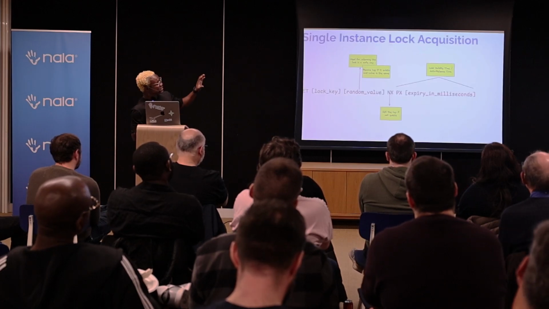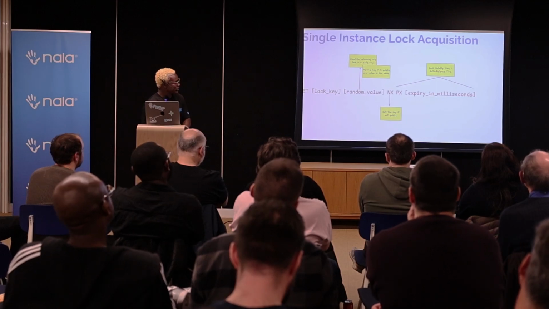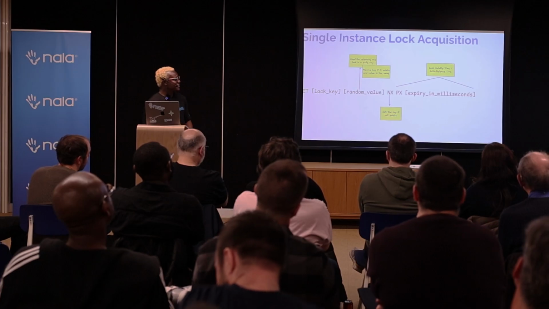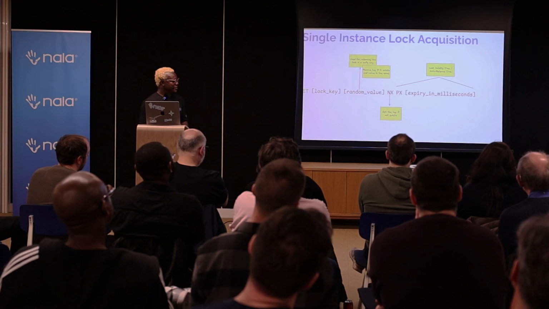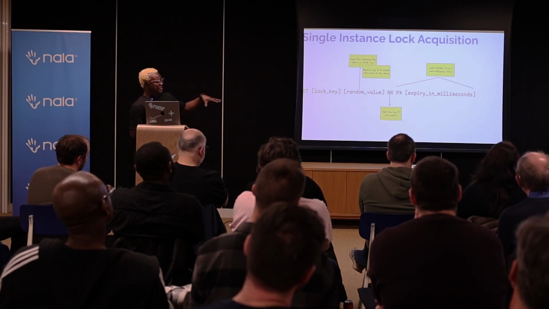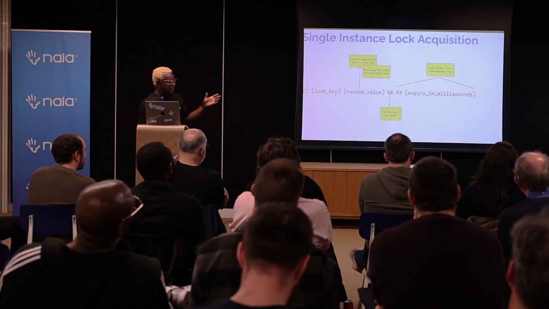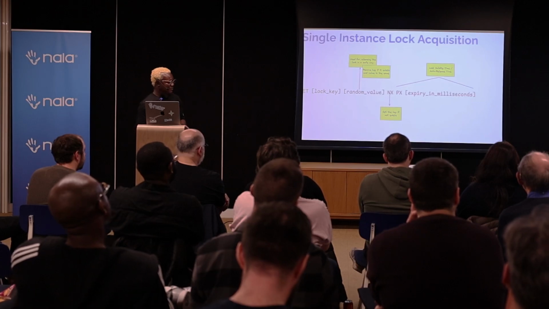So yeah, this is basically the Redis command, it didn't fit into the whole diagram. But basically this is the Redis command for single instance lock acquisition. We set the lock key to a random value. Then the NX option basically just sets the key only if it doesn't exist. Then we provide the lock validity time, also called the auto release time, in milliseconds.